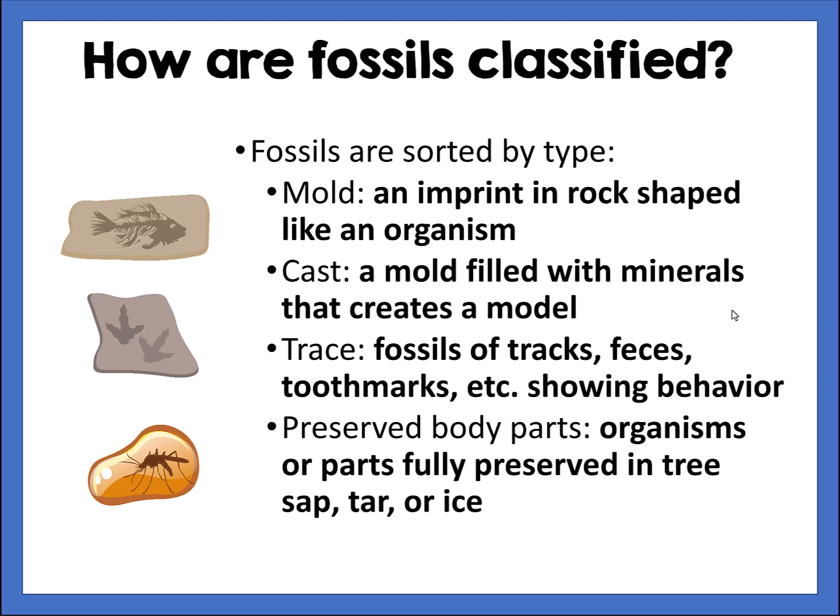A trace is a fossil of tracks, feces, tooth marks, etc., showing behavior of an organism rather than a whole organism itself. And then preserved body parts are organisms or parts of organisms fully preserved in tree sap, tar, or ice. And we definitely have a few examples of those.